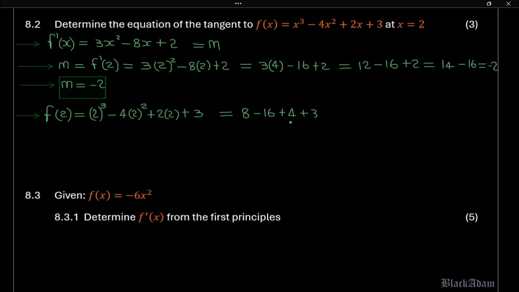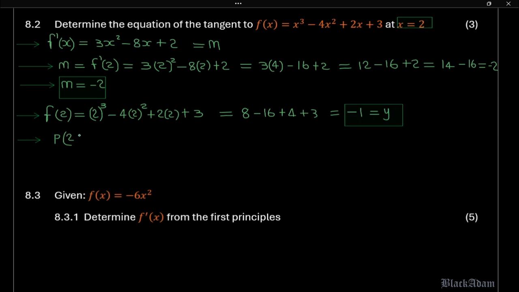From there we add the positives together. 7 plus 8 is 15, and we have negative 16, so that will give us negative 1. And thereafter we have the point on the curve: when x is 2, our y is negative 1.